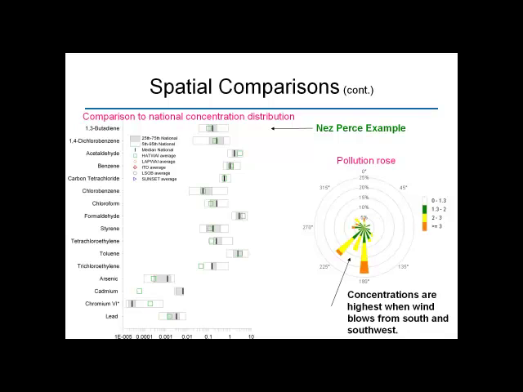And so the size of the bar indicates the frequency with which the wind blows from that specific quadrant or direction, and then the colors indicate the typical concentrations when the winds are coming from that quadrant. So you can see that the winds are typically coming from the south and the southeast in the specific area, and that sometimes you get the highest frequency of high concentrations when the winds are coming from those directions. Okay.